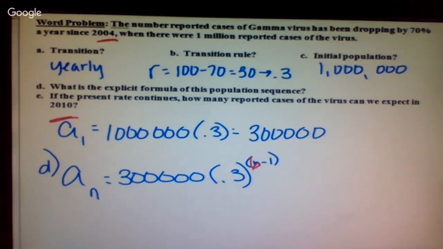If you can't remember to put that in parentheses, what is 6 minus 1? 5, so you would just raise it to the 5th power. If you have a hard time plugging it in with the parentheses, do your 6 minus 1 first. We get what? 729 cases.